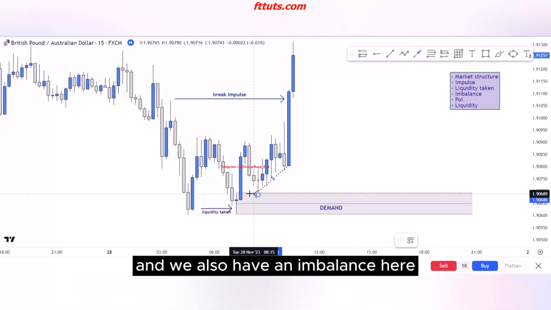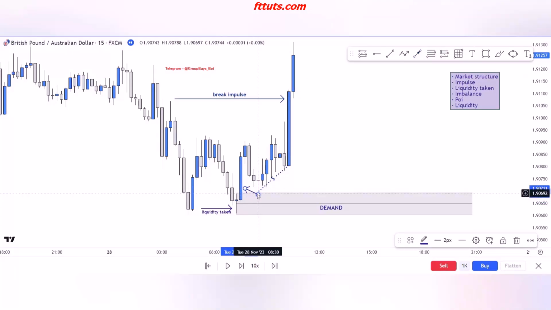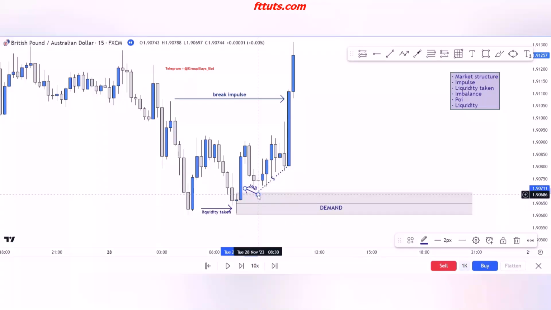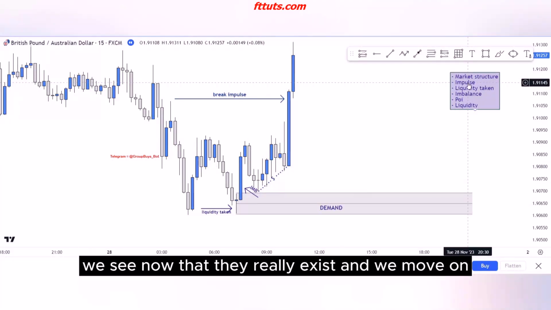And we also have an imbalance here, which is another clue for us. We marked all the rules. We see now that they really exist, and we move on.